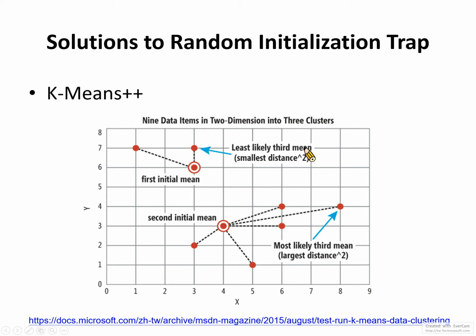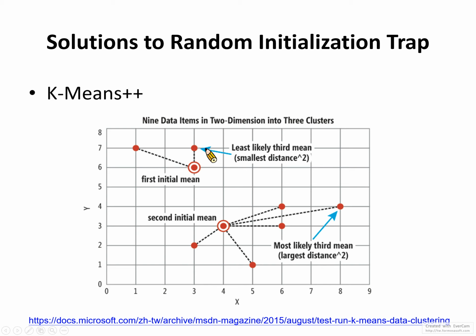So the idea behind K-means++ is that you try to find the position of the centroids in a quite sparse way, meaning that they cannot be too close to each other.